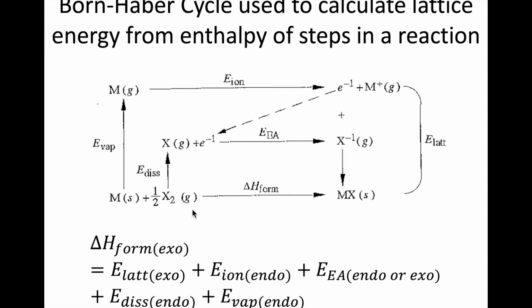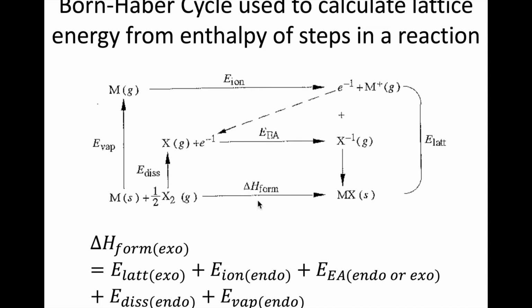We start with the metal, which is typically a solid, and the nonmetal, which is typically a diatomic gas in this case, and we can look at the various steps of taking those elements in their pure states and getting to this reaction. Going from this to the solid is the formation, the enthalpy of formation.